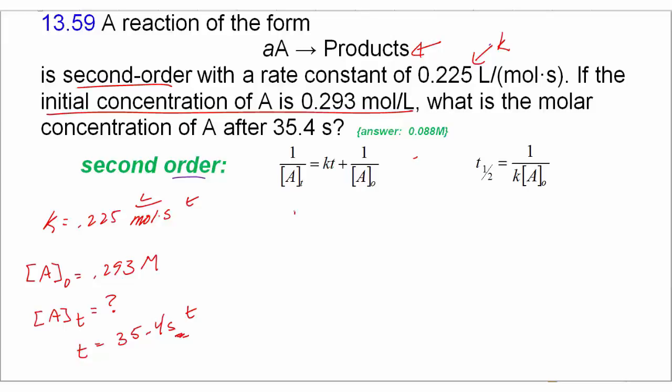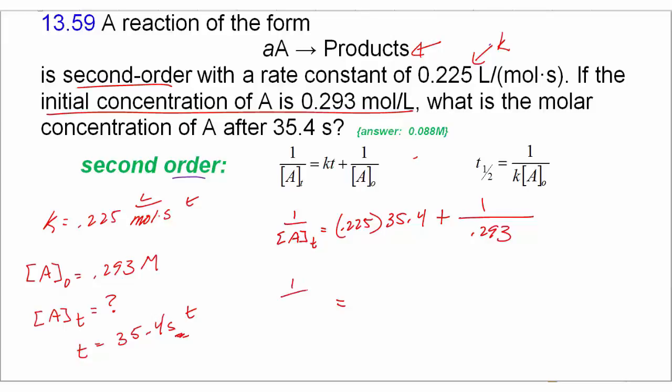It'll look better. 1 over the concentration of A at time T equals K, 0.225, times T, 35.4, plus 1 over the original concentration, which is 0.293. Okay, remember solving this one?